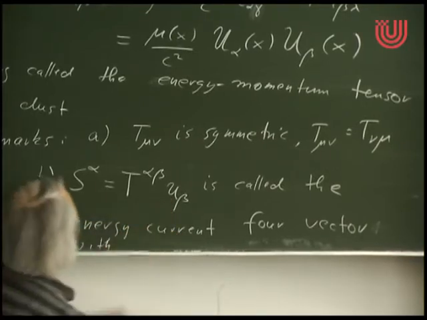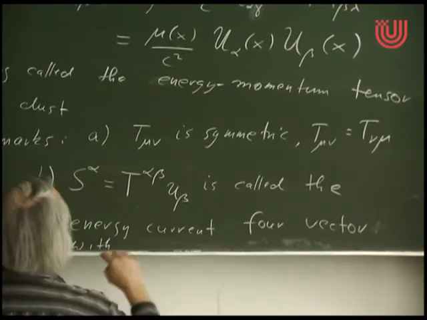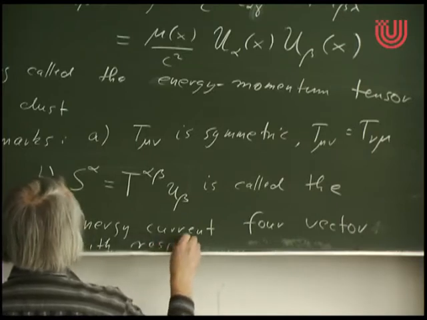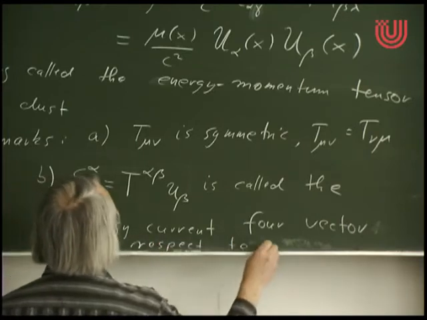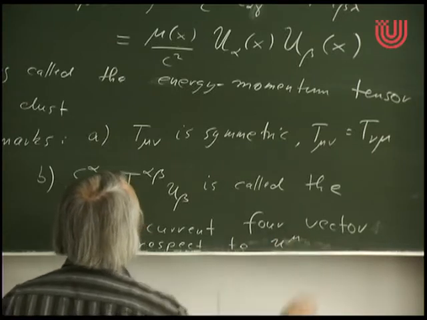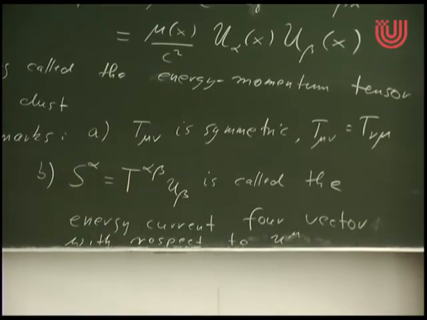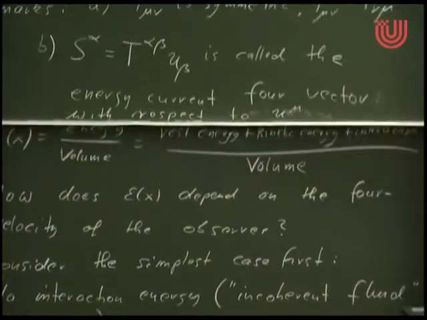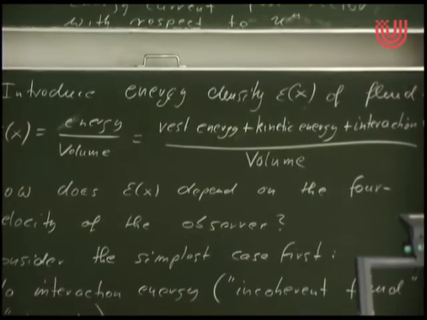It depends on the forward velocity of the observer. Energy current 4 vector with respect to U mu. Yeah, to the observer which has this forward velocity. And why do we call this energy current? Let me explain this.